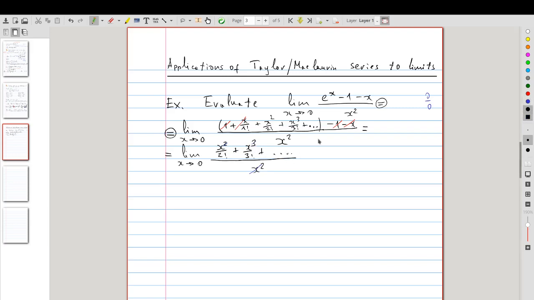Every power of x involved in the numerator is at least 2. So that gives us the following expression. After cancelling the x squared, we have 1 over 2 factorial plus x over 3 factorial plus all the subsequent terms. So all the terms here will contain x.